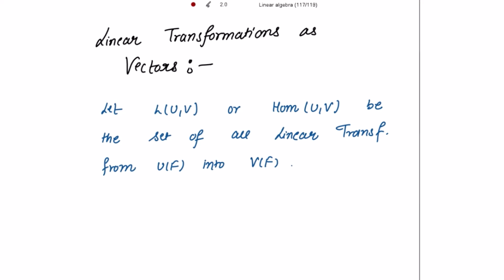Let L(U, V), or Hom(U, V), be the set of all linear transformations from the vector space U(F) into V(F).